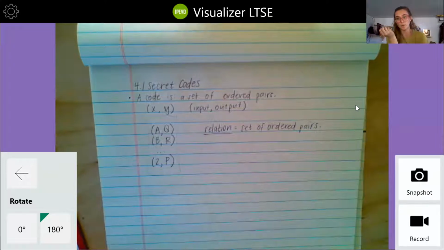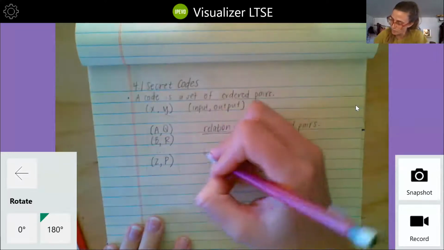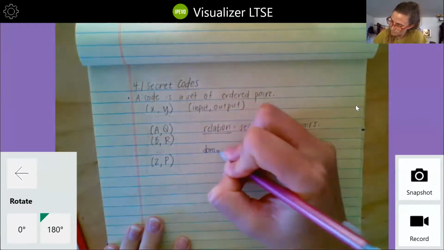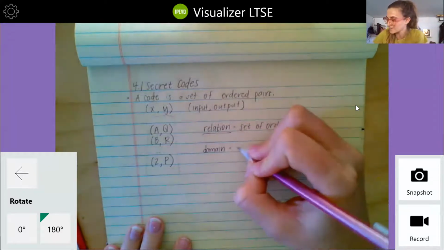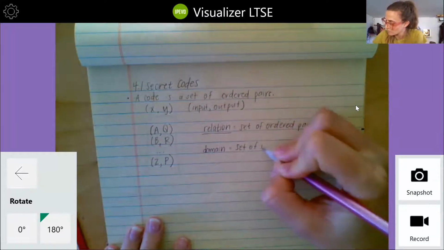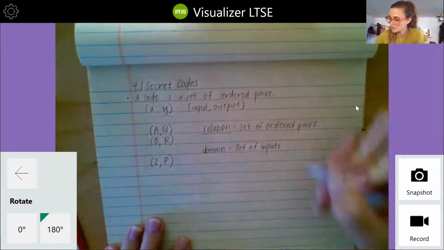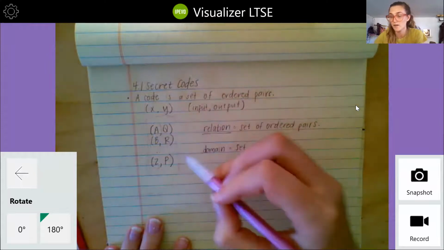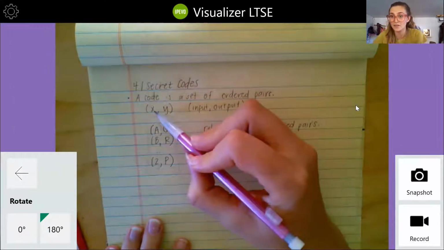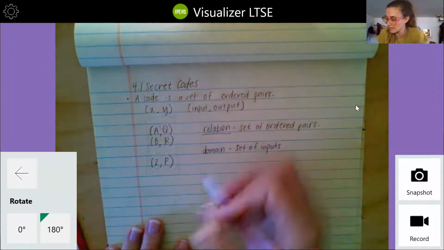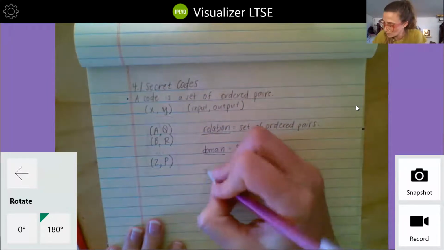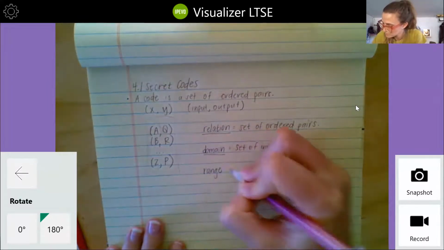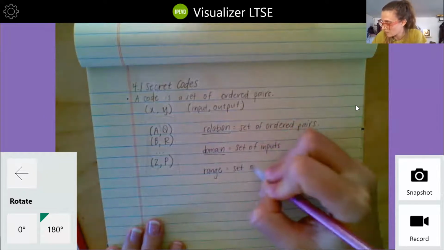And the set of inputs is the domain, while the set of outputs is the range. So the domain is our set of inputs. That would be the first letter written in the ordered pair. It would be our X values. And then range is our set of outputs.